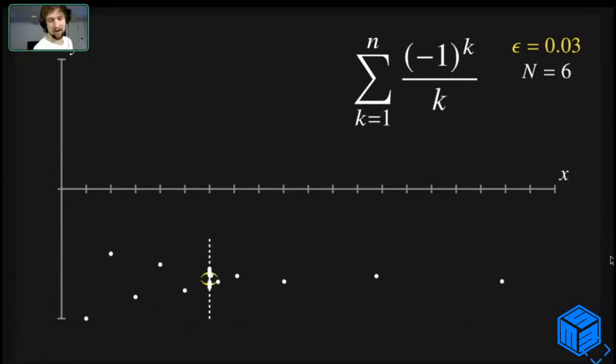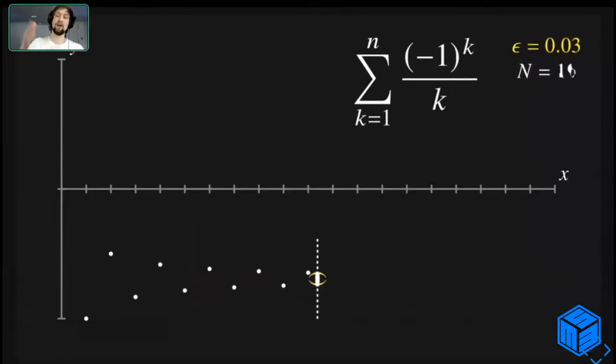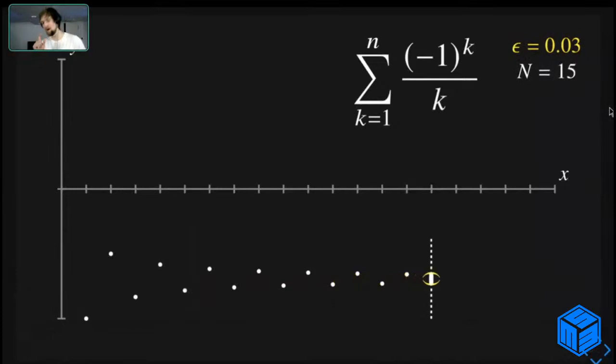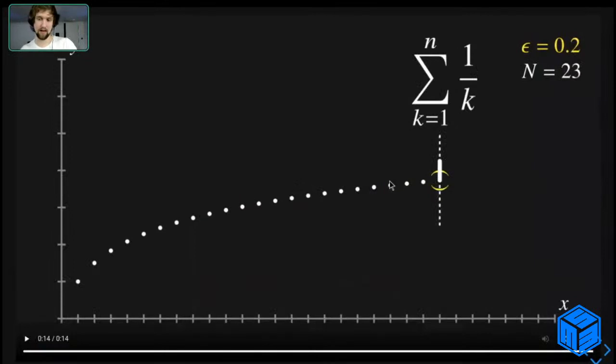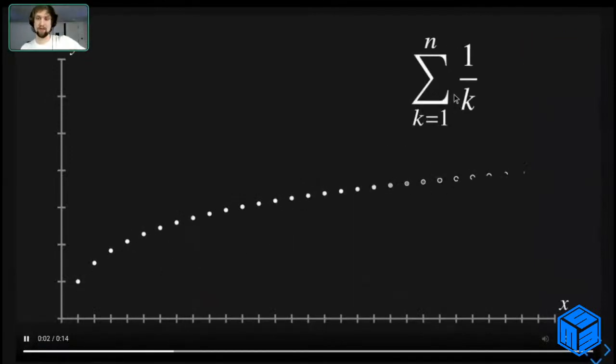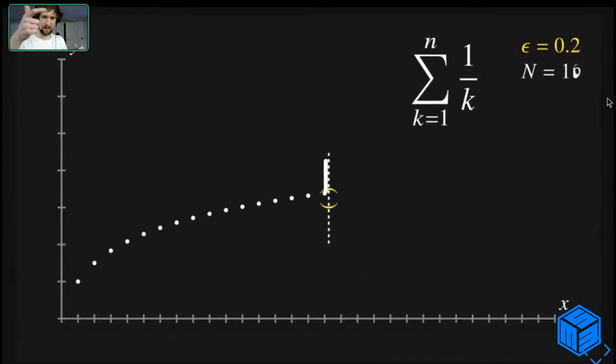I project all infinitely many points onto this plane, which takes a little bit. I'll fast forward for you guys. And then move along until we find this value of n here, where all of the remaining points sit within this basket. And for this one, no matter what proposed value this should take on as n goes to infinity, it doesn't satisfy that all the terms sit within this basket.